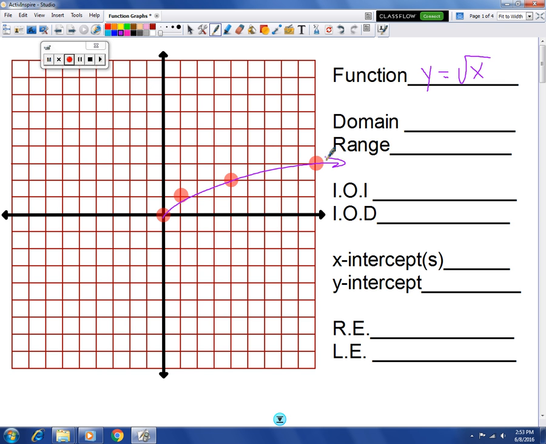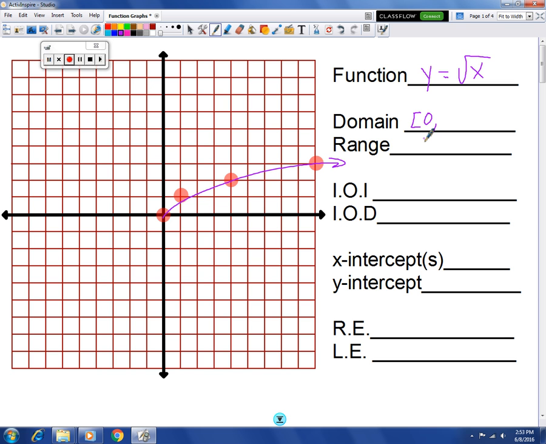If you've been going through my videos, this is the first type of function that has a restriction on its domain. We don't plug in any negative numbers, so the lowest number I can plug in is 0. So I'm going to put a 0 and I put a bracket there because I actually substituted in 0.